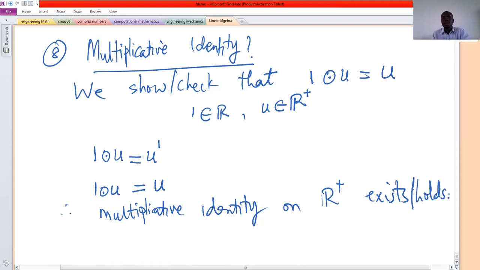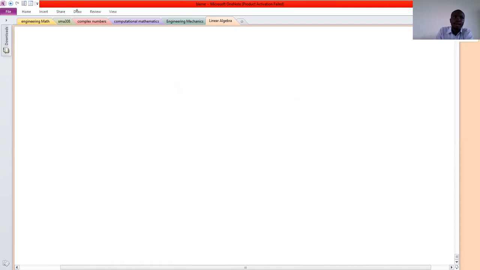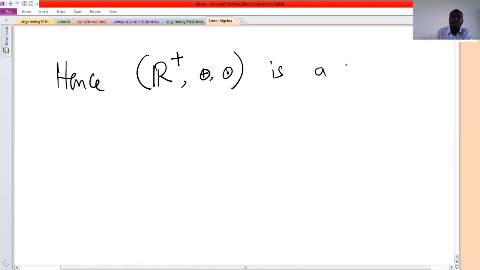Now, since all the axioms of a vector space have been satisfied, we conclude that the set given, R plus, together with this addition and multiplication, is a vector space. So that's how I prove that.